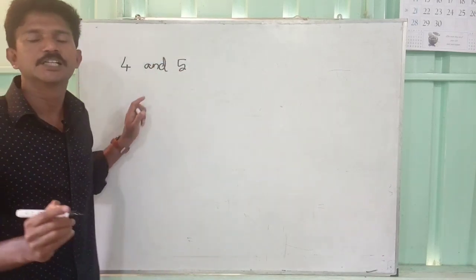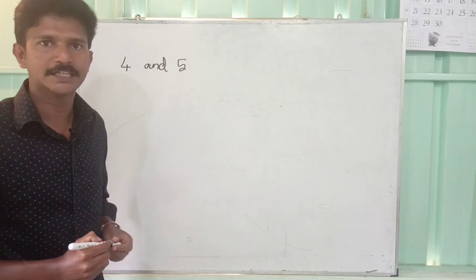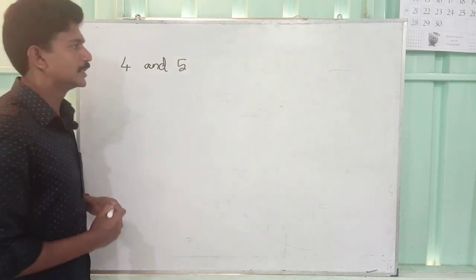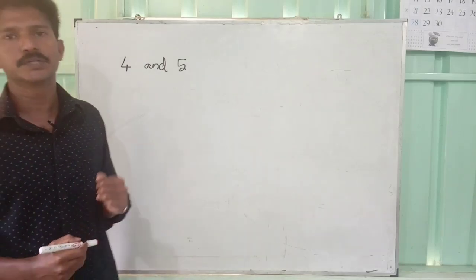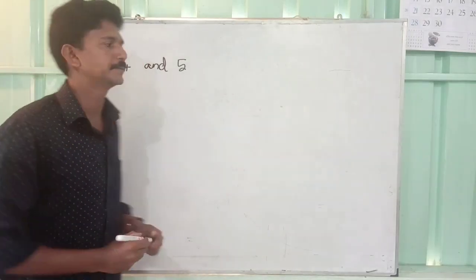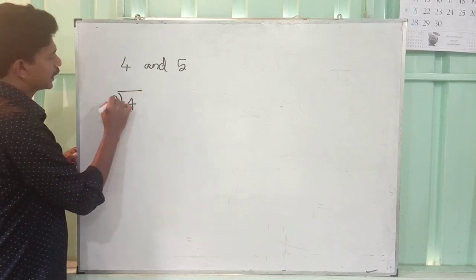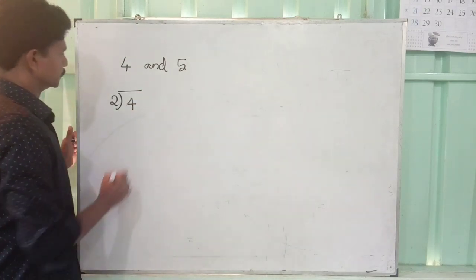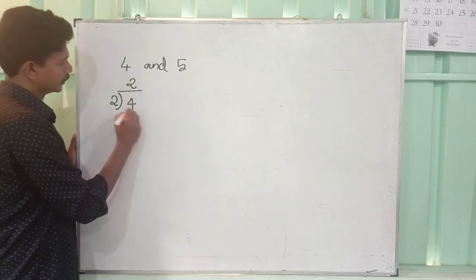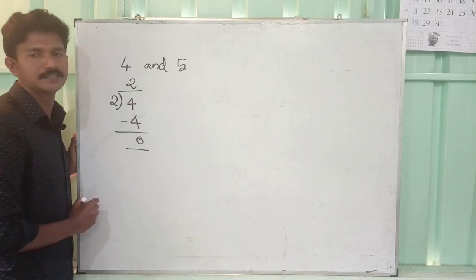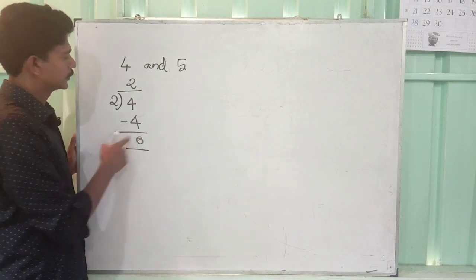You know which is odd and even, right? 4 is an even number, 5 is an odd number. Let us divide by 2 and see. If we divide 4 by 2, 2 times 2 is 4. When we subtract, we get the remainder as 0.